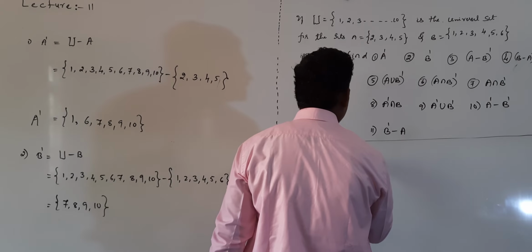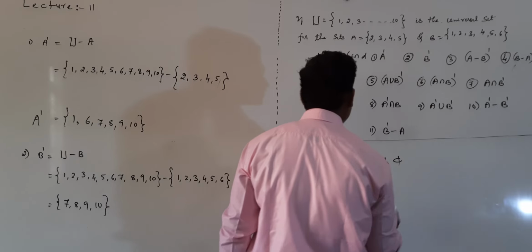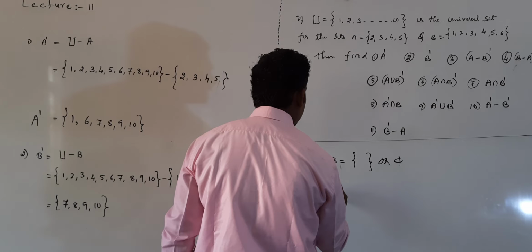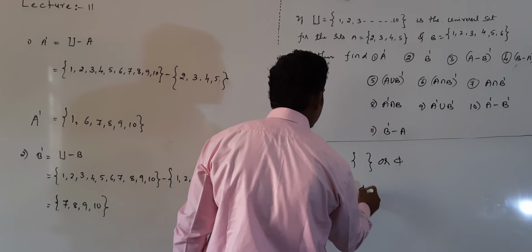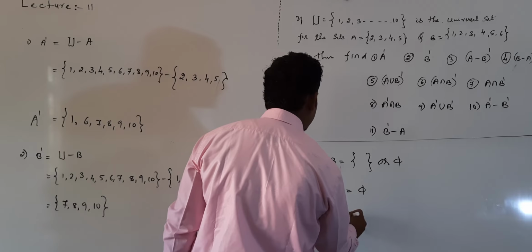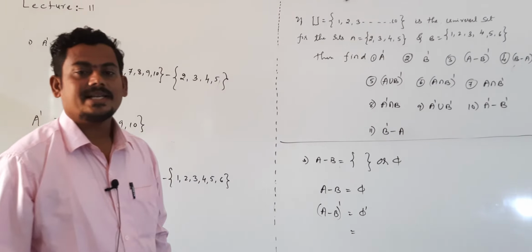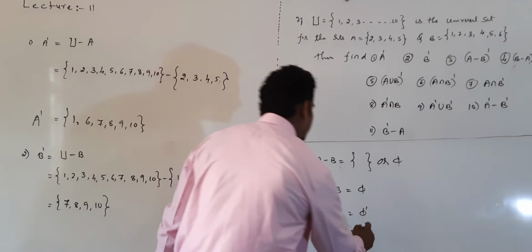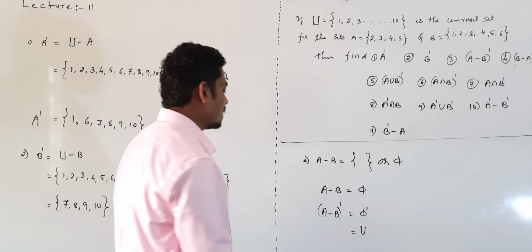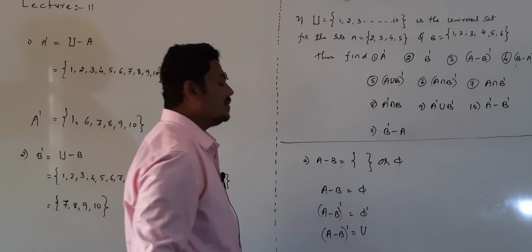Means A minus B is the null set. Then taking complement on both the sides, what is the complement of the null set? It is equal to U only. A minus B whole complement gives the universal set.